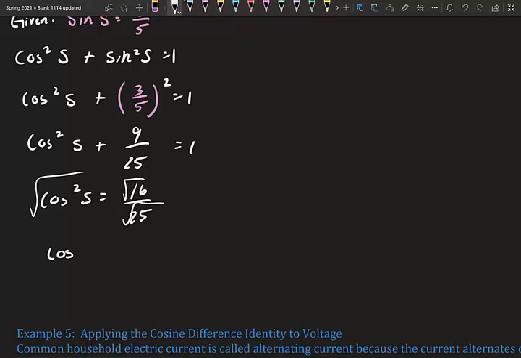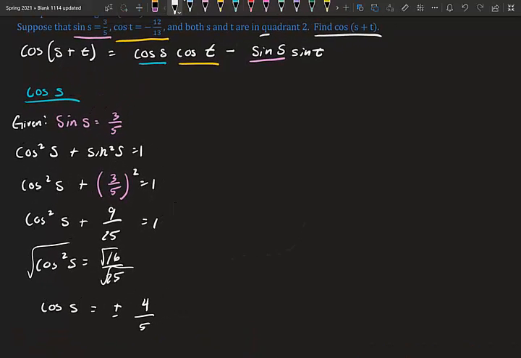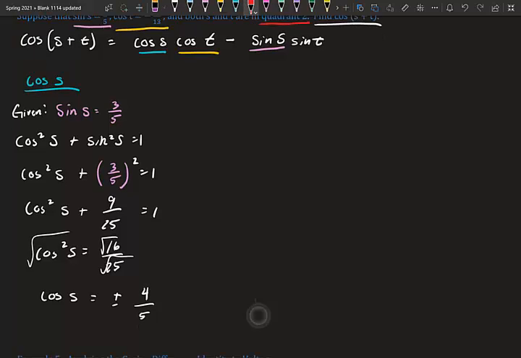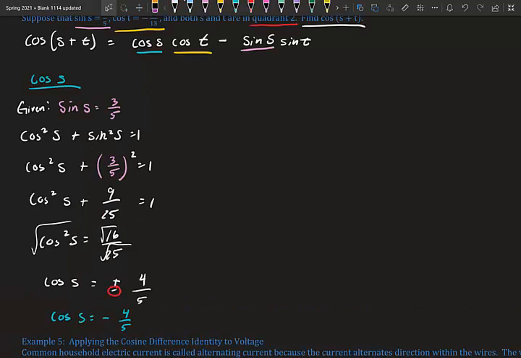So we have cosine s equals positive negative 4 over 5. Now, is it positive? Is it negative? Well, we're working in quadrant 2. Remember, we're working in quadrant 2. So cosine in quadrant 2, using CAST, cosine is negative in quadrant 2. So we have cosine s equals negative 4 over 5.